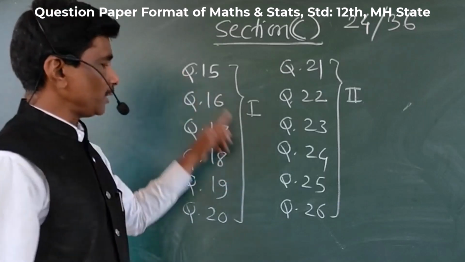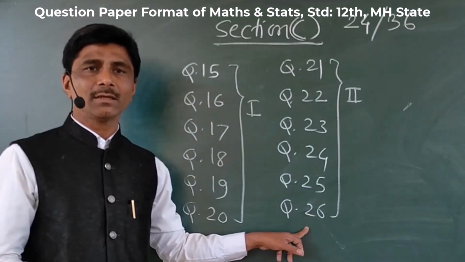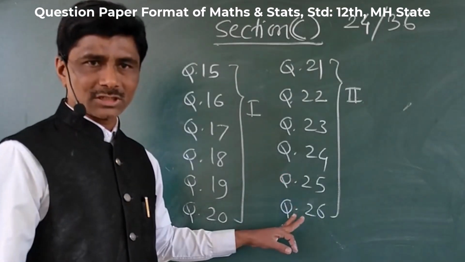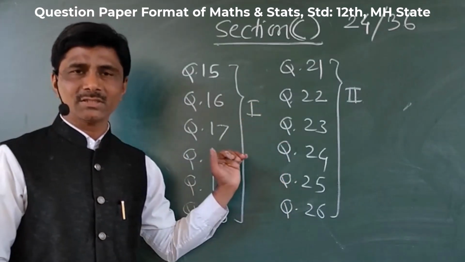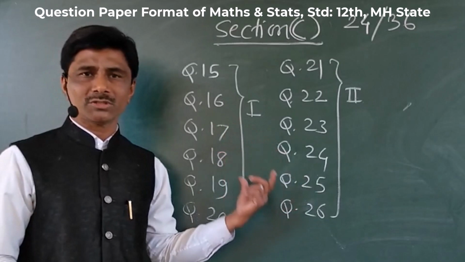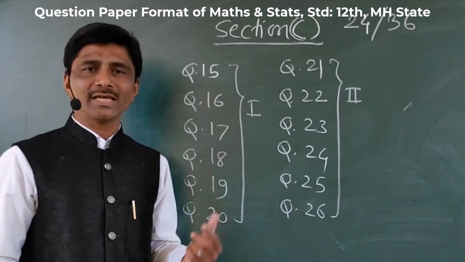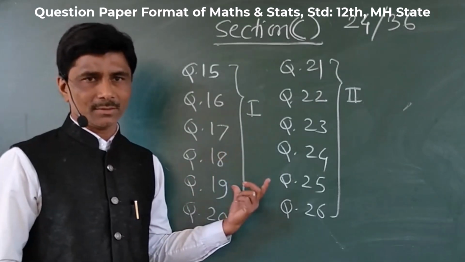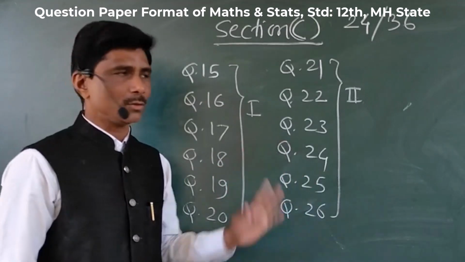So question number 15 to 26, 12 questions are asked in this section C. Out of those 12 questions, you need to attempt any 8 questions. Means, यहाँ पे 12 क्वेश्चन इस सेक्शन में आएंगे, उसमें से आपको कोई भी 8 क्वेश्चन के आंसर्स लिखने पड़ेंगे. So compulsorily you need to solve 8 questions out of the 12 questions.